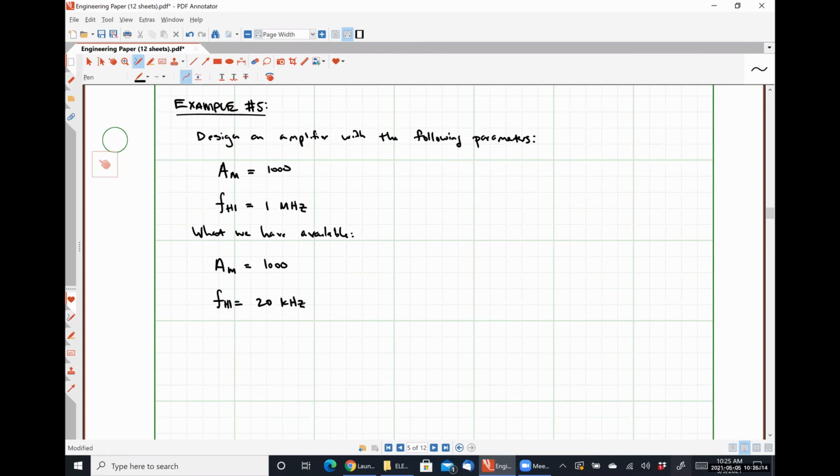at 20 kilohertz. So what we are going to be investigating with this problem is cascading closed loop amplifiers together to achieve the same gain, but with a much higher bandwidth, right?